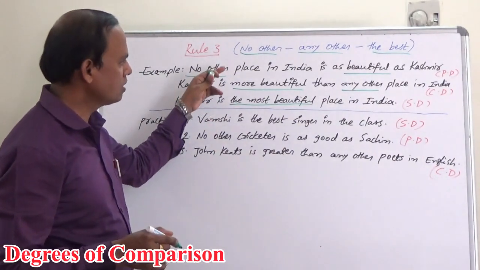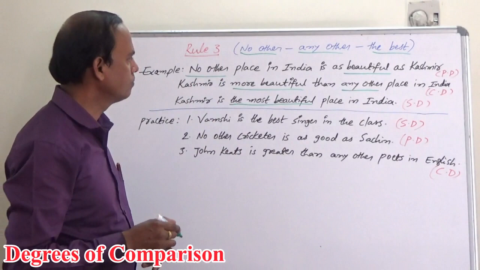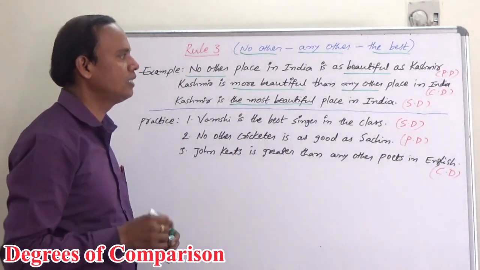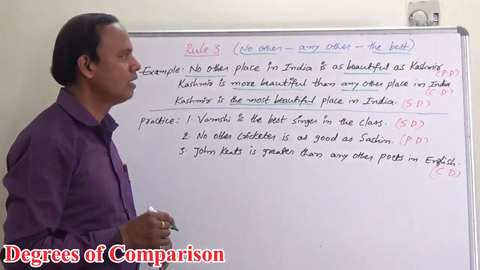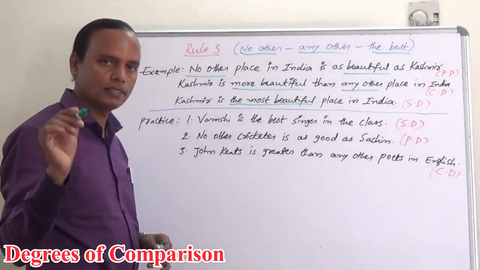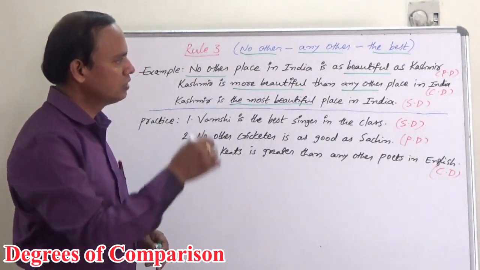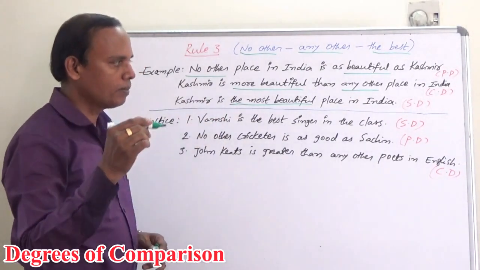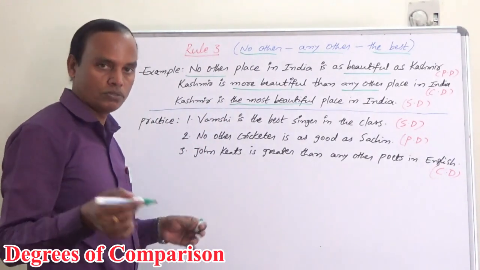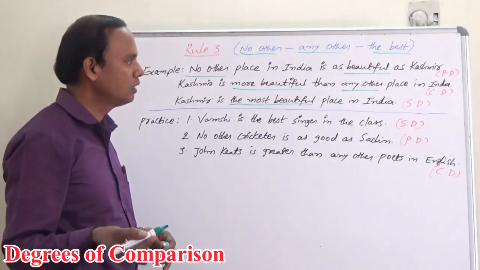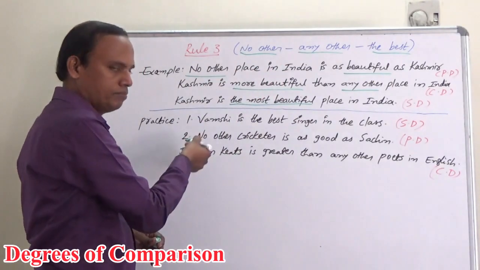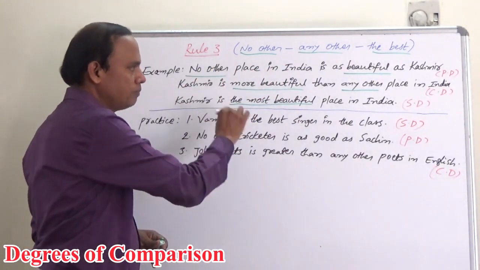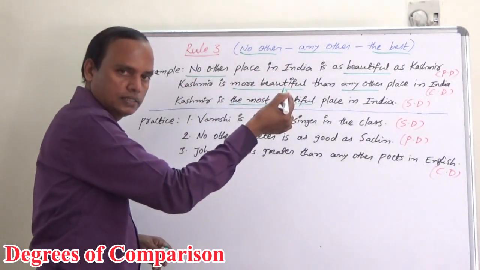For example, the first sentence is in positive degree: No other place in India is as beautiful as Kashmir. Changing from positive degree to comparative degree, as you know from rule 1 and rule 2, object becomes subject and subject becomes object.